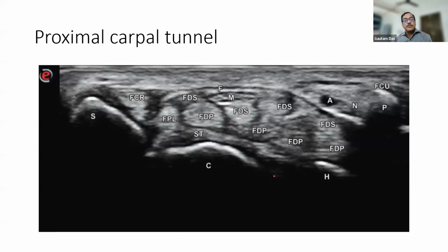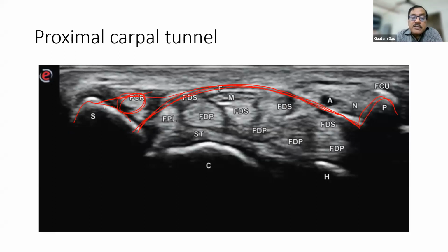Then comes the proximal and the distal carpal tunnel. So as I was telling you, proximal carpal tunnel, one side is by the scaphoid, another side by the pisiform, and this is your flexor retinaculum. Above that, the flexor retinaculum basically splits and encircles the flexor carpi radialis.